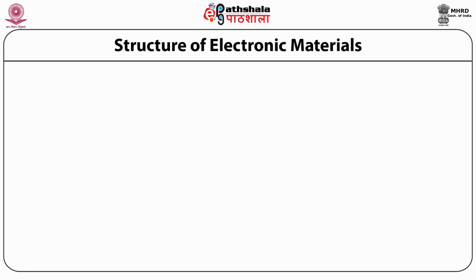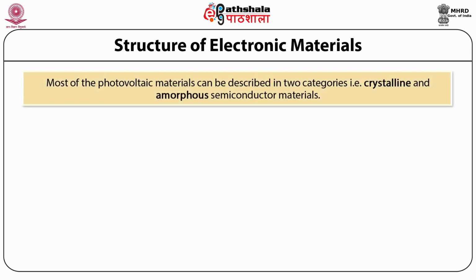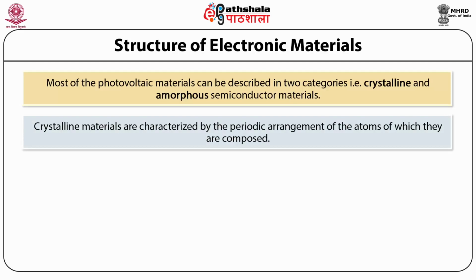Structure of electronic materials. Furthermore, students, most of the photovoltaic materials can be described in two categories, that is crystalline and amorphous semiconductor materials. Crystalline materials are characterized by the periodic arrangement of the atoms of which they are composed.